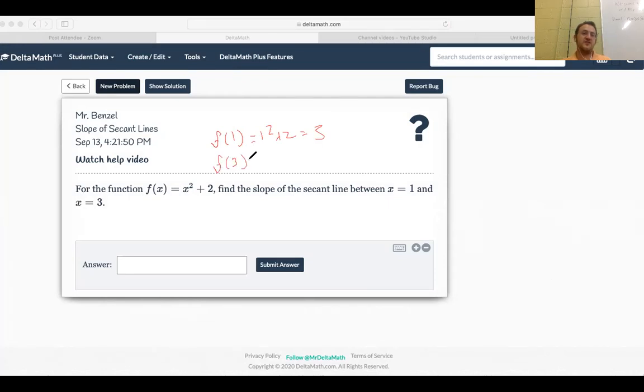Then I have f of 3, which would be 3 squared plus 2, and that would be equal to 11. So this would be f of 3 minus f of 1 over 3 minus 1. So this comes from your formula of f of b minus f of a over b minus a. So average rate of change.